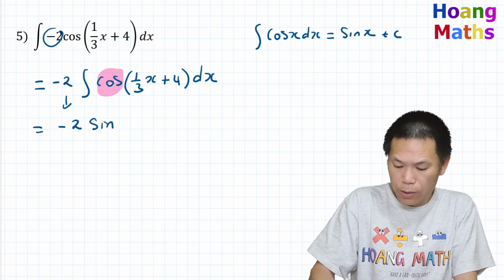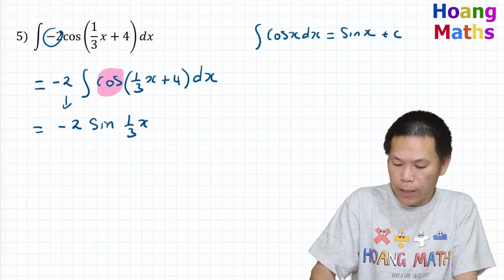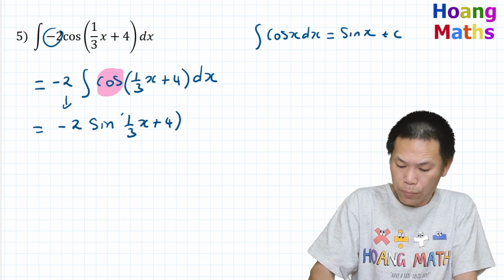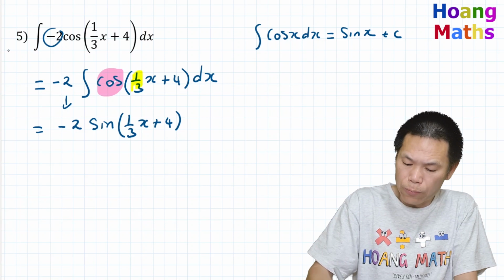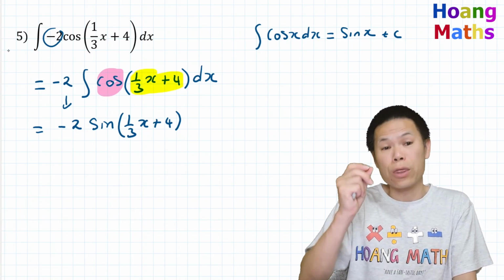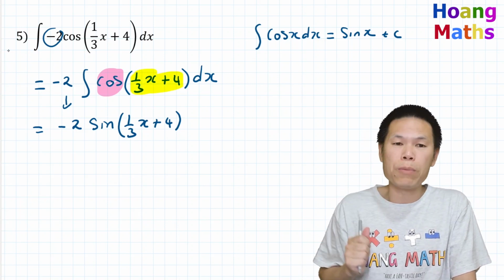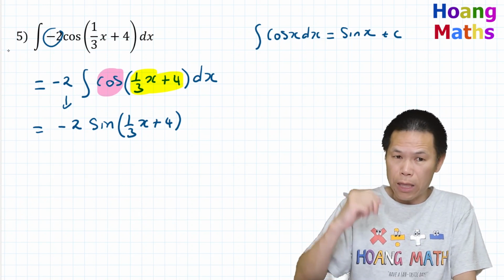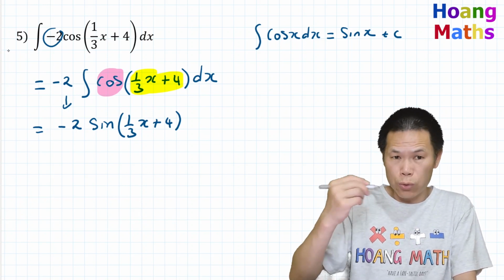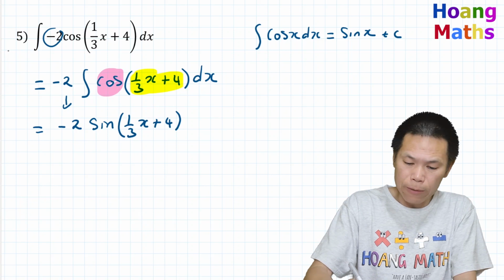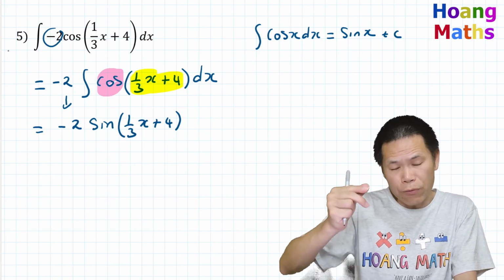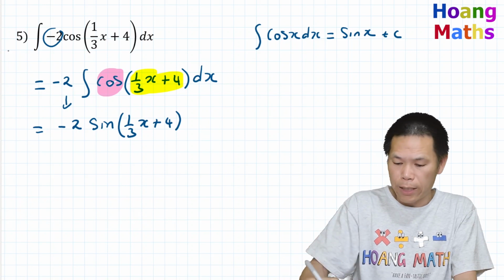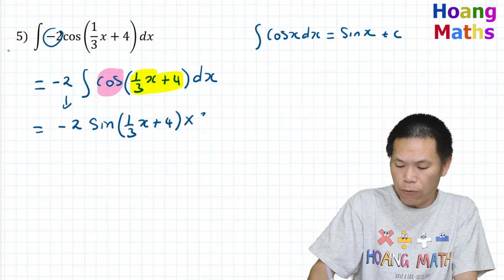So sine of 1/3 of x plus 4. And don't forget, we need to differentiate the angle. If we differentiate 1/3 of x plus 4, that will give me 1/3. And then we divide by 1/3, okay? Not times, because we're doing the antiderivative, if you like. So instead of times, we divide. If we divide by 1/3, we flip the fraction, become 3 over 1, and we times 3 over 1.